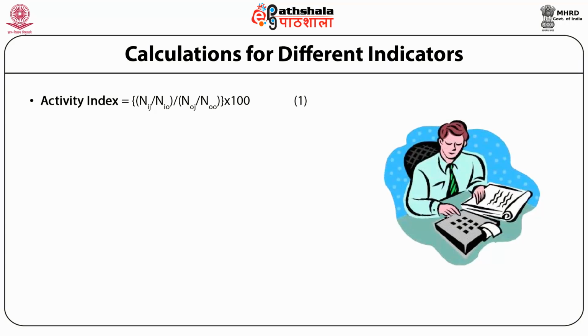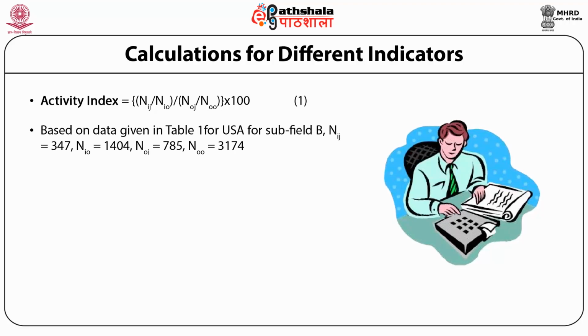Activity index is equal to {(Nij upon Nio) whole upon (Noj upon Noo)} into 100. Based on the data given in table 1 for USA for subfield B, Nij is equal to 347, Nio is equal to 1404, Noj is equal to 785 and Noo is equal to 3174.